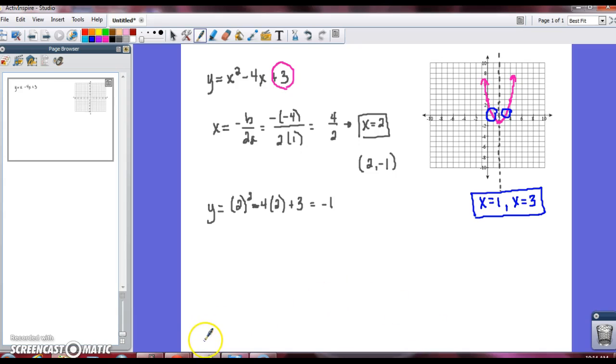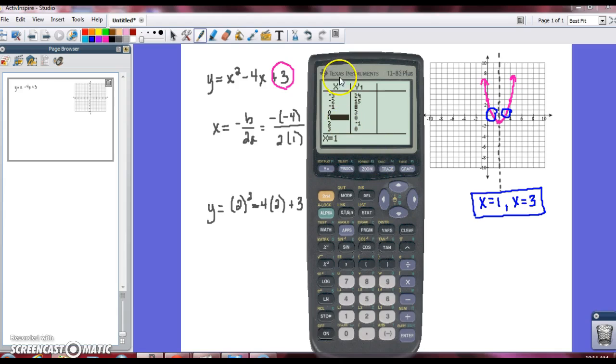You can get that information from your calculator from the table. If you scroll through your table and you find where y is 0, look at the corresponding x value. When y is 0, x is 1. When y is 0 here, x is 3.